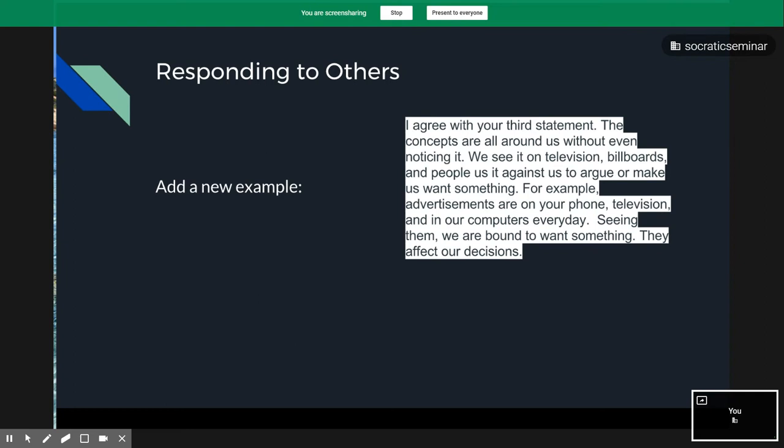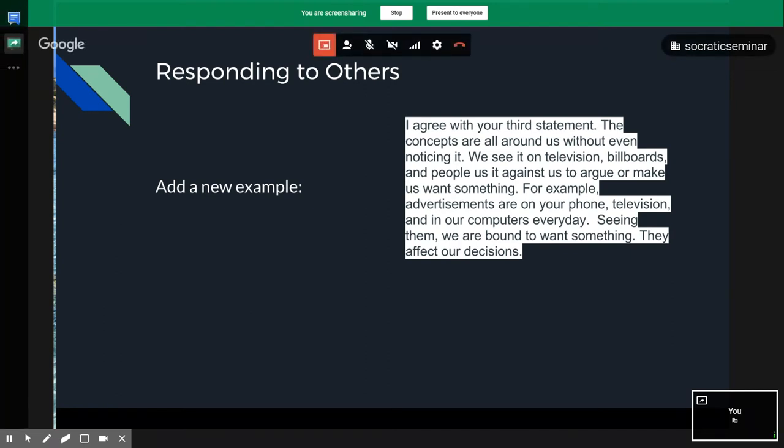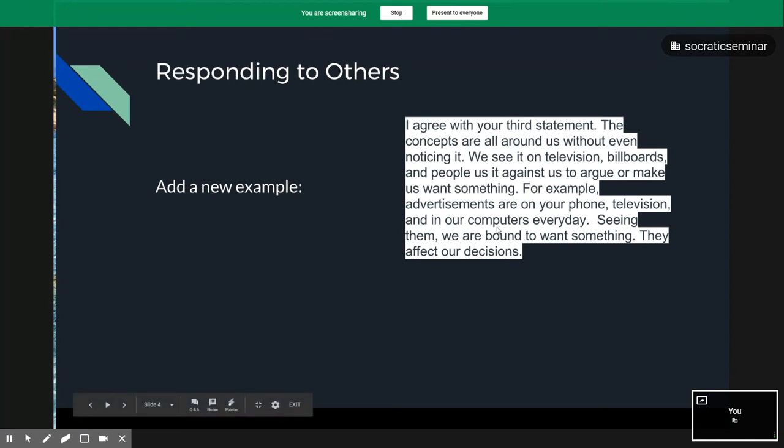Here's where the examples are. "We see it on television, billboards, and people use it against us to argue or make us want something. For example, advertisements are on your phone, television, and in our computers every day. Seeing them, we are bound to want something. They affect our decisions." So you've got specific examples.